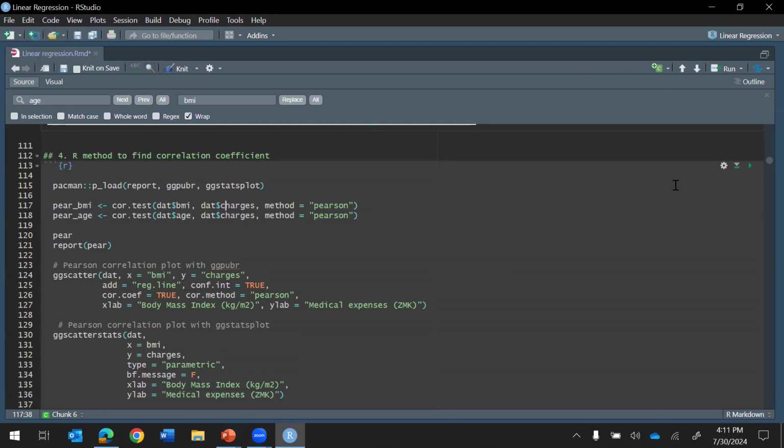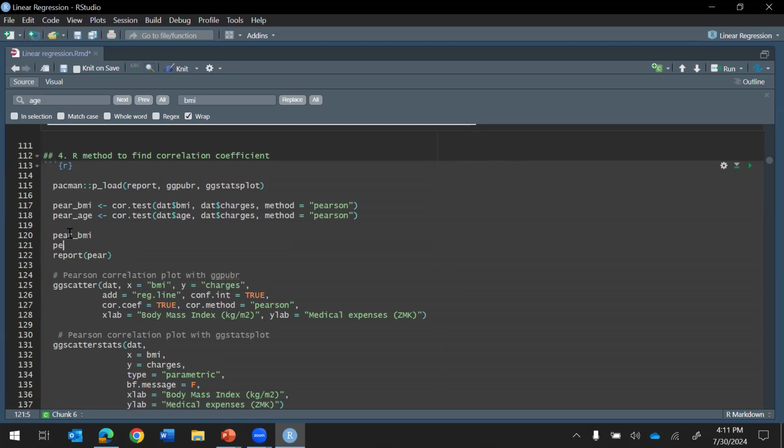So we'll run the correlation between medical expenses and the BMI, and the correlation between age and medical expenses.